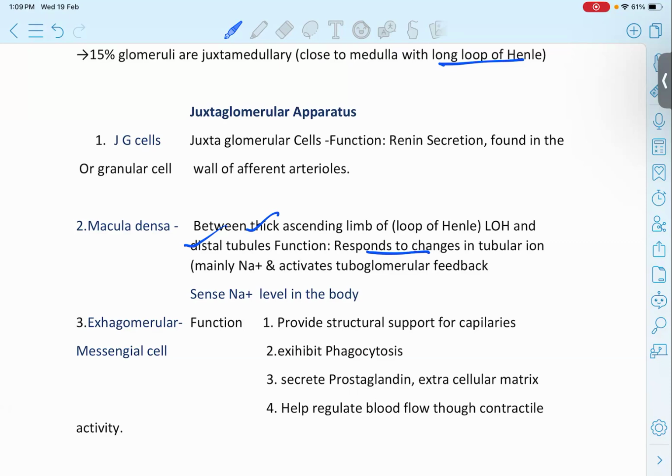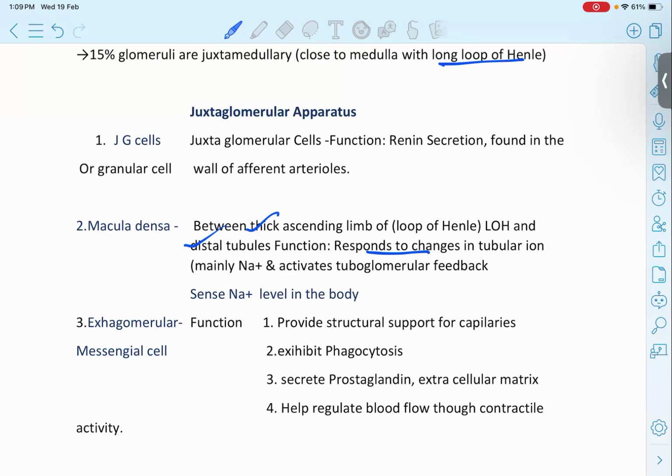I will discuss the tubuloglomerular feedback mechanism thoroughly, but just understand for now that the macula densa is important to sense the sodium level in the body, and it will act accordingly. How it gets activated, I will discuss in the coming slides.